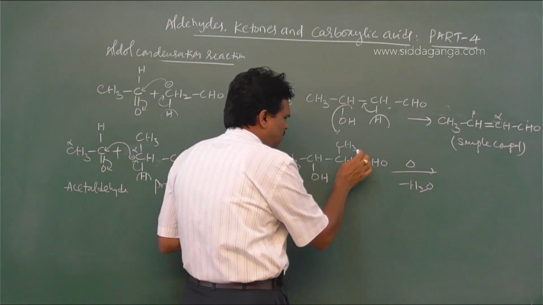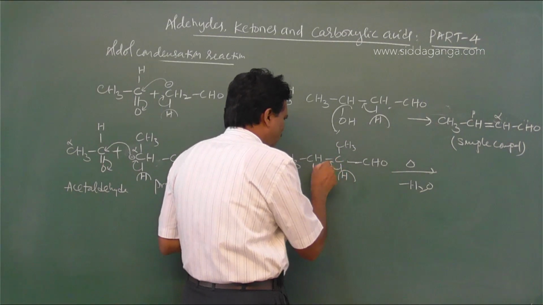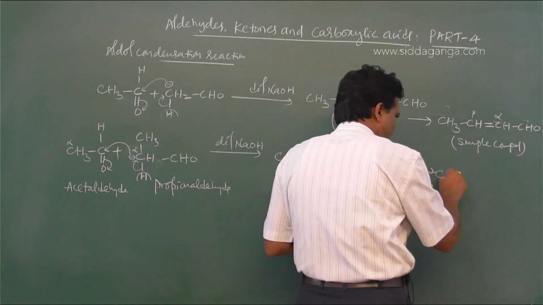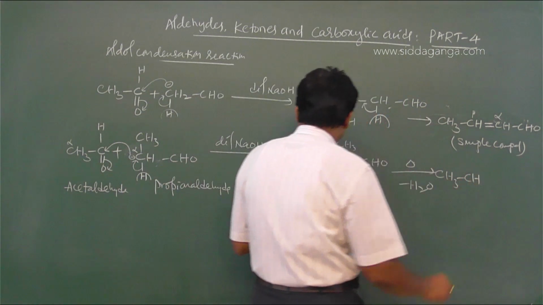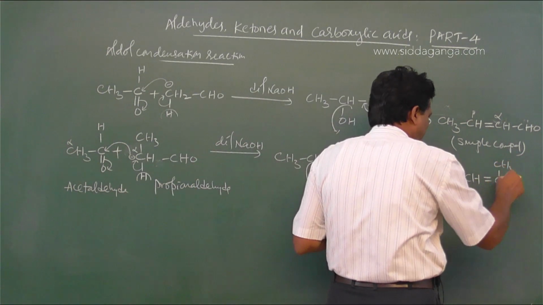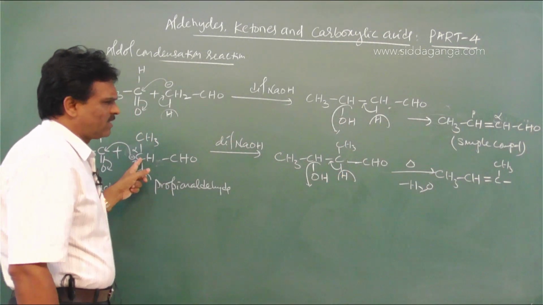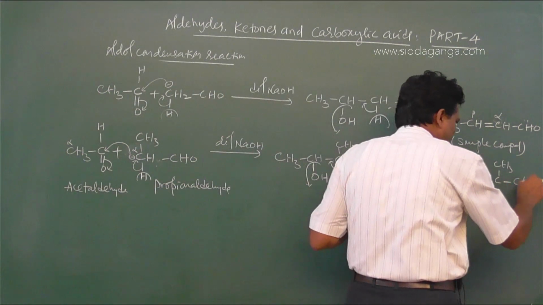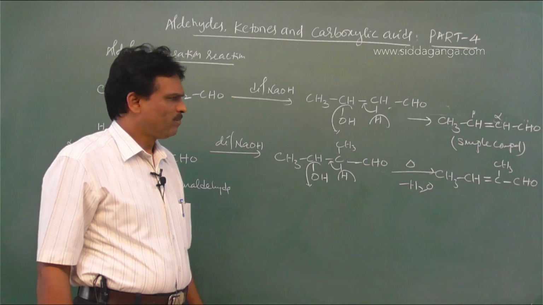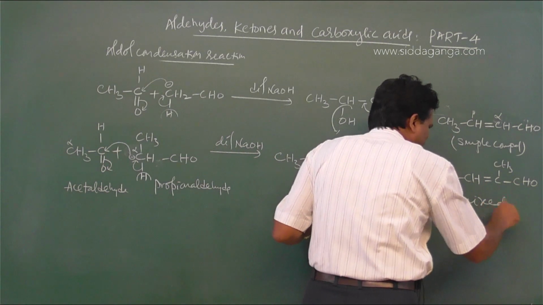This H and OH are eliminated as water to form CH3 CH=C(CH3) CHO. In this case we get the CHO group. This is also an alpha beta unsaturated aldehyde. This is one product, the mixed product.